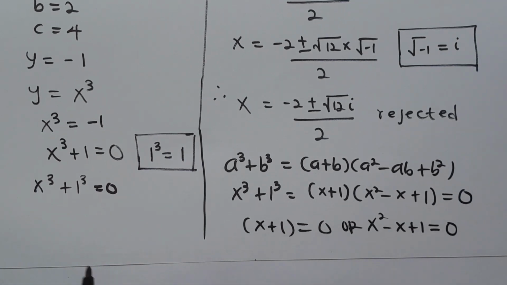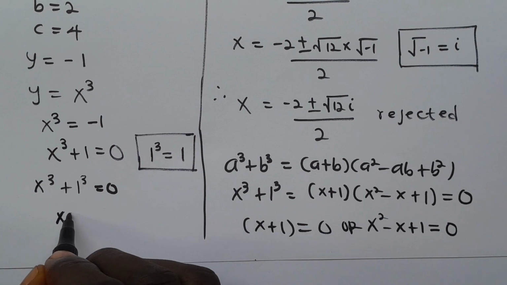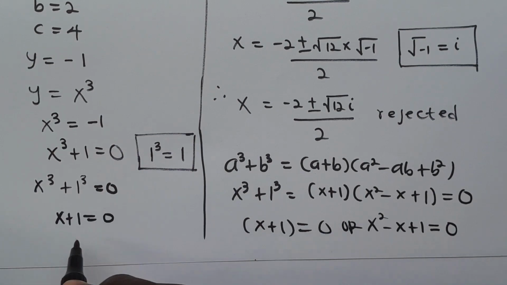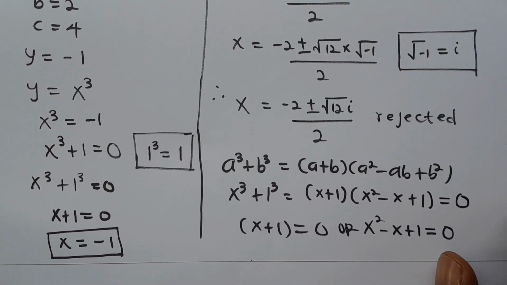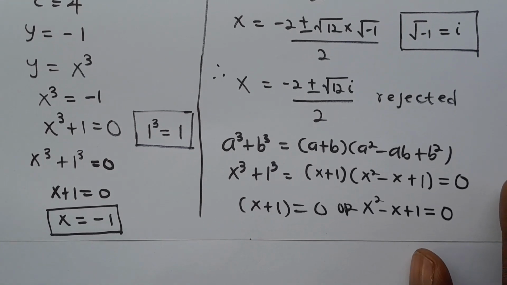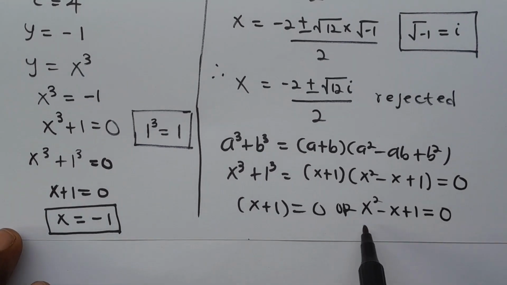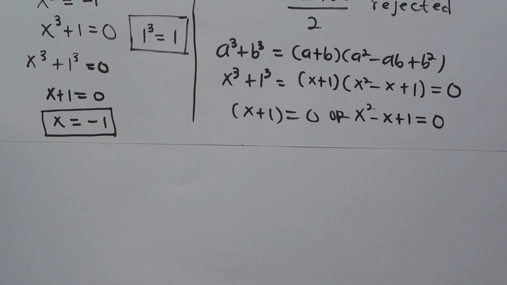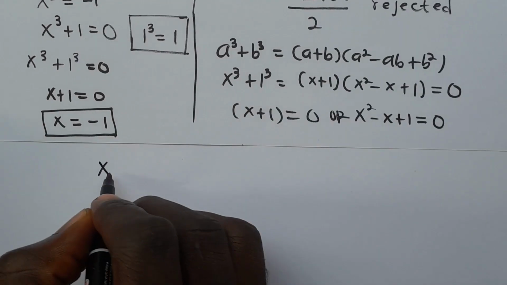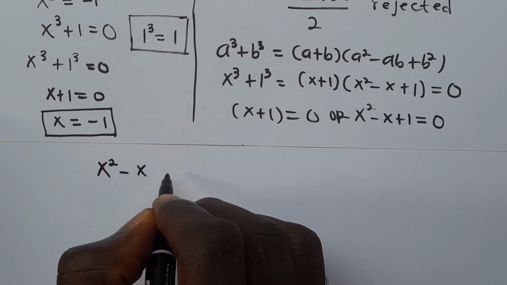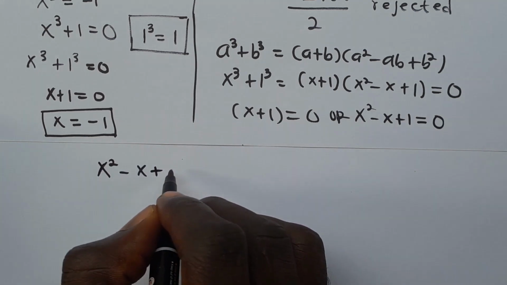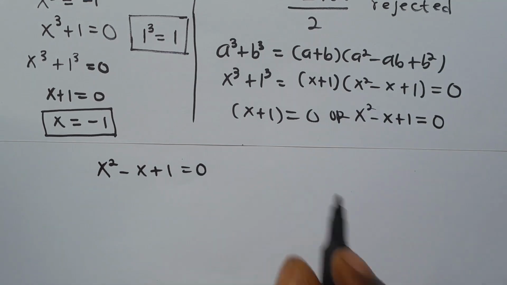So now let's solve this first. Have x plus 1 equals 0, then x equals minus 1. Again, recall from the second quadratic, x squared minus x plus 1 that equals 0.